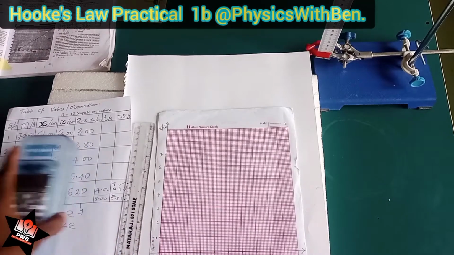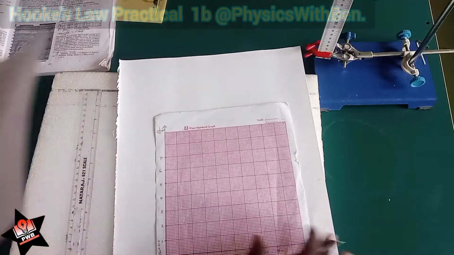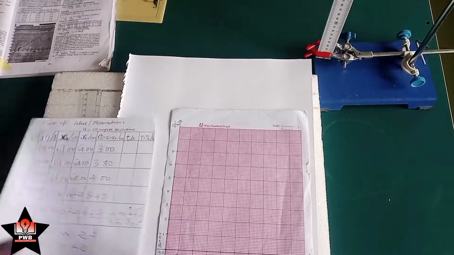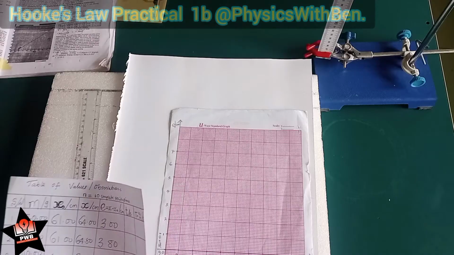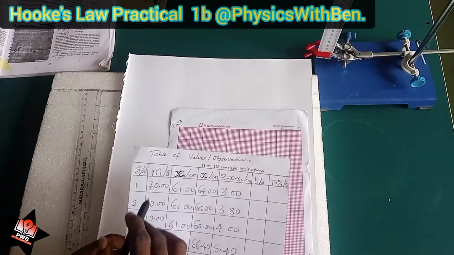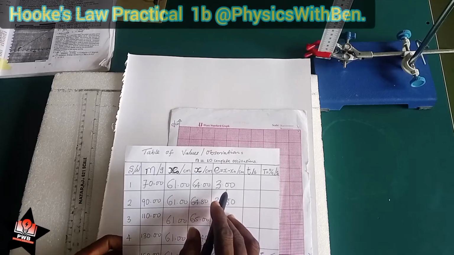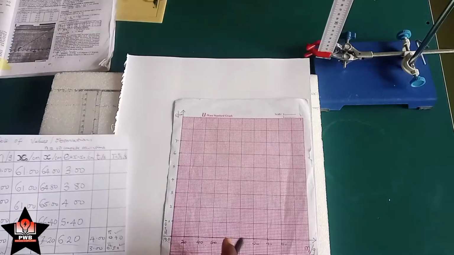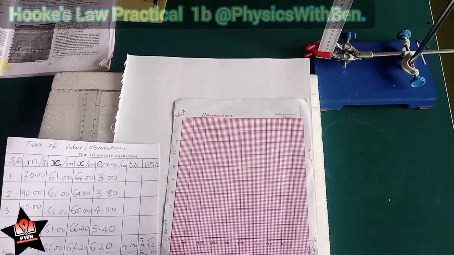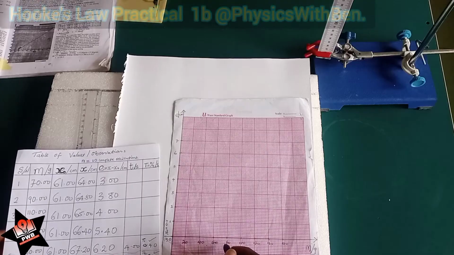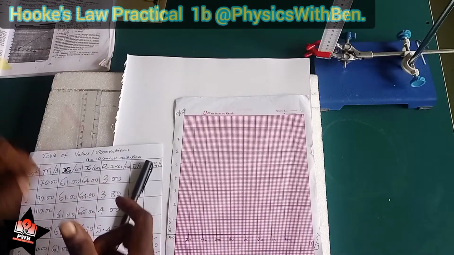Good. The next thing is to plot our graph. So when the force was 70 gram, the extension was 3. How do we plot that? Where is 70 gram? This is 60. 70 is halfway. How do we locate 70? Let's count.